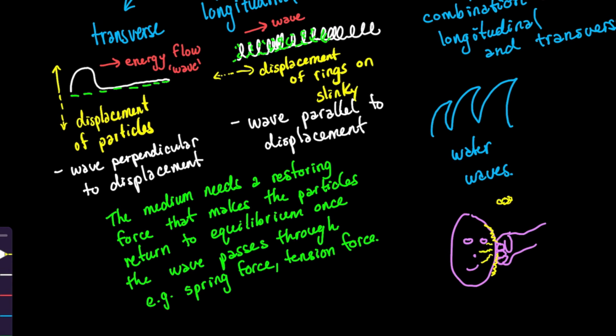So in this case, we have a transverse wave, but the impact is also felt in towards the center of the head. So we have a combination of longitudinal, which occurs along the face, along the skin, and going into the face, which would be transverse waves. So this will be a punch to the face.